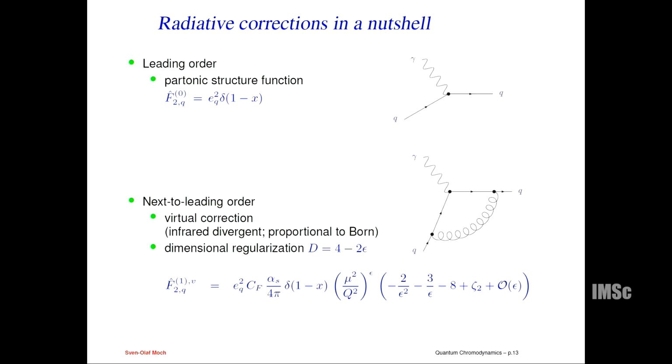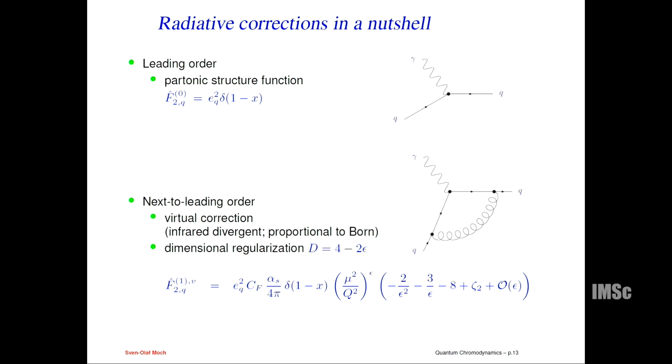And the only difference in its expression with respect to what I told you yesterday is now that the hard scale q squared here is basically the negative space-like momentum squared of that photon here. And in e plus e minus collisions yesterday, it was the center of mass energy, so it was a time-like quantity. So that's the only difference that we see here, but otherwise the expression is the same.